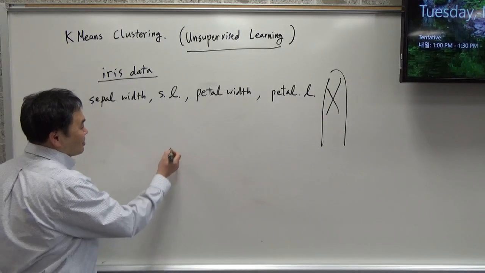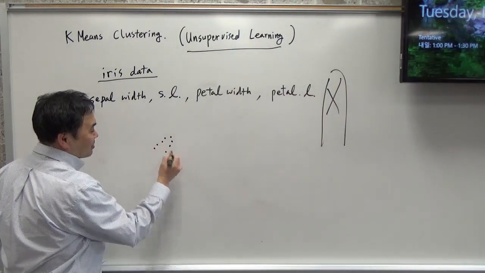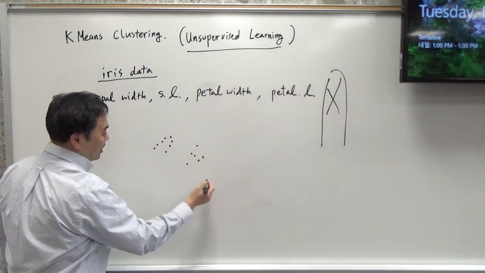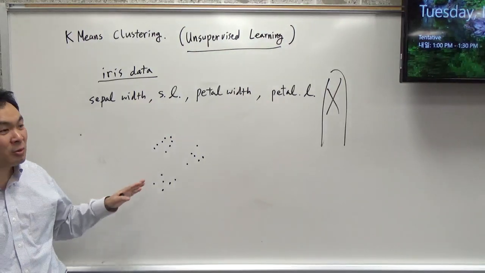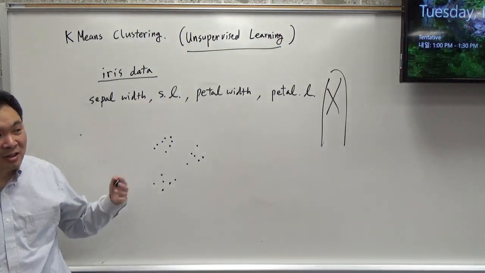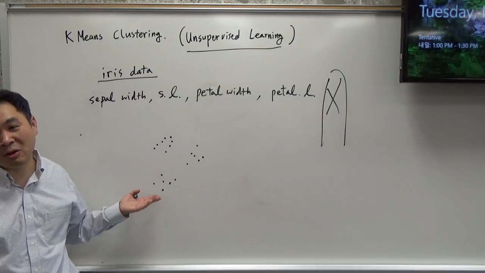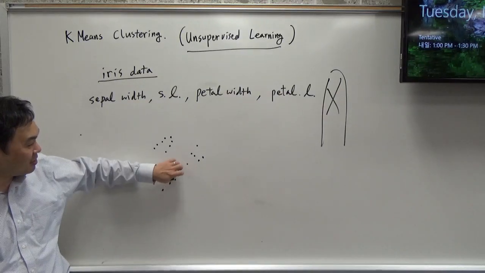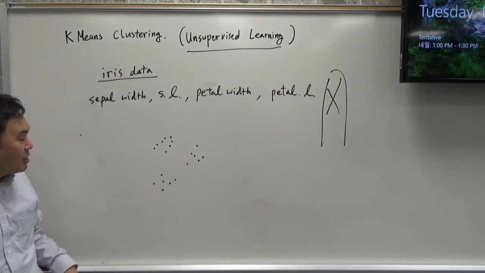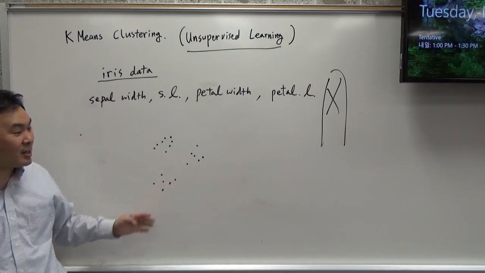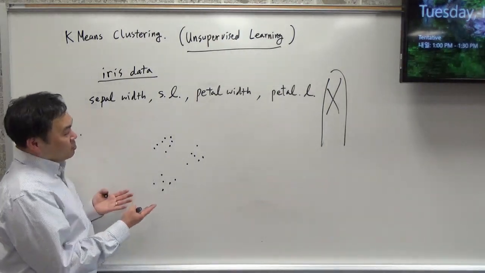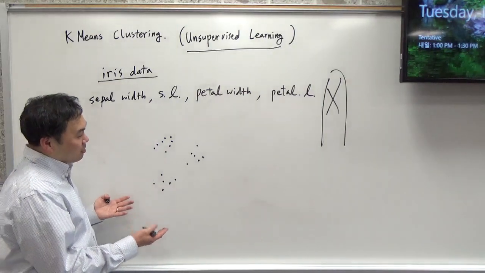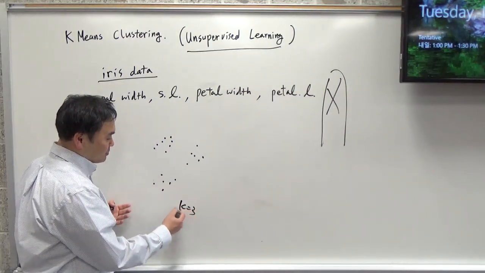Ideally, you would expect the data sets to have like 3 different groups. Now, you're going to see later when I actually plot it that the actual data doesn't come out like this. Unfortunately, some of them are very close. It's hard to see. But if the data was like this, then just by looking at it visually, you would say, oh, K must be equal to 3.